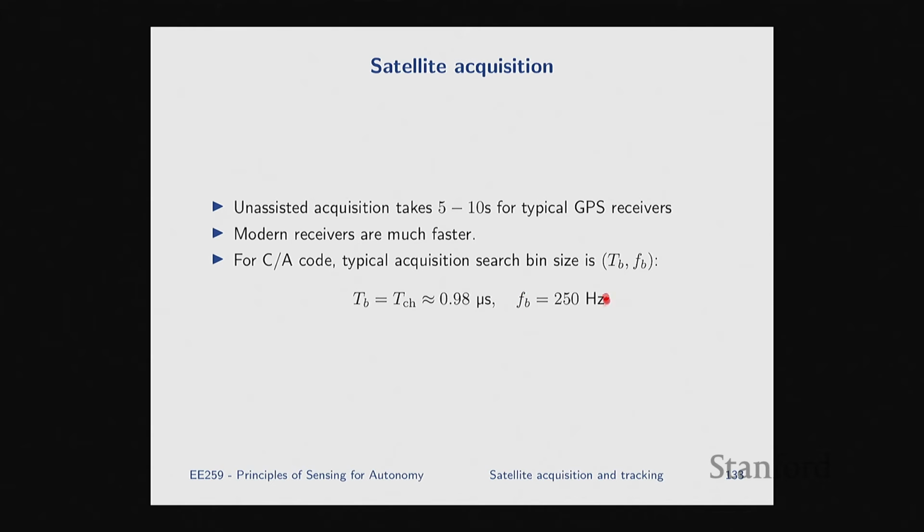For Doppler, a typical size for the Doppler cells for the search is 250 hertz, and you have a 20 kilohertz Doppler bandwidth to search. So that's 80 times roughly 1,000, about 80,000 combinations of tau hat and FD that you need to search. That's why on older receivers, it takes a few seconds. On modern ones, this can be done super quickly, probably tens of milliseconds to get the first fix.